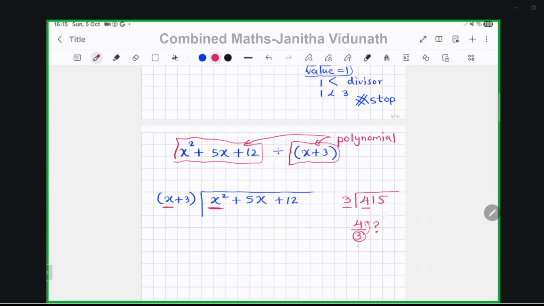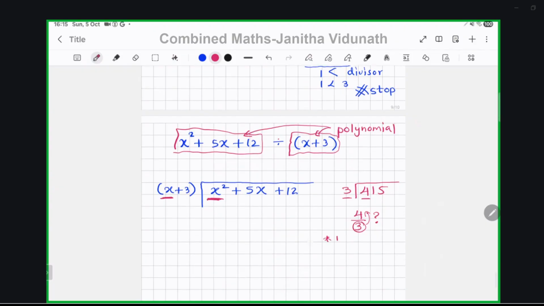That means we need to compare x squared and x. We learned what the leading terms are: the term with the highest power of the variable. Here the variable is x. This is the highest power term, and this is the highest power term of the divisor.